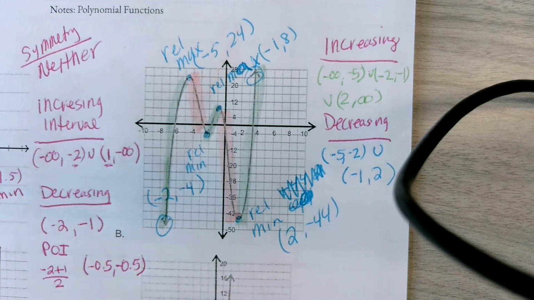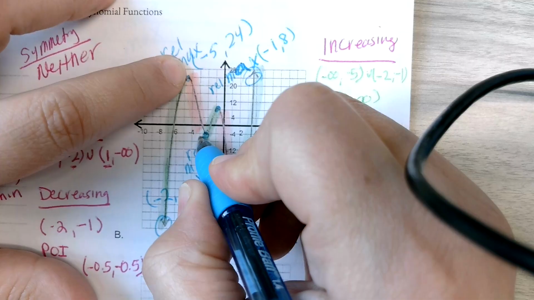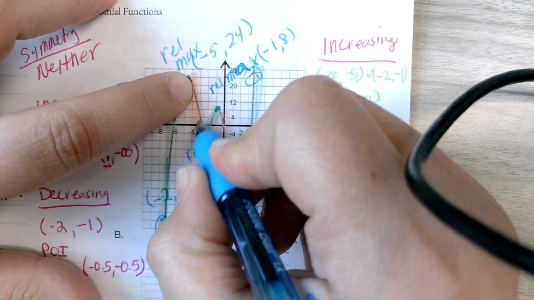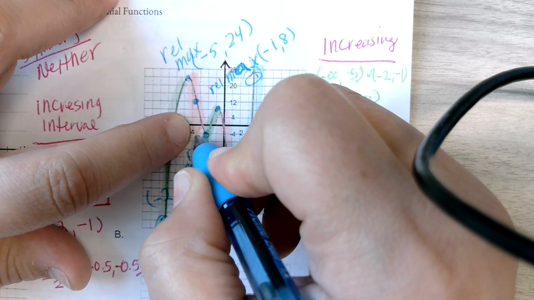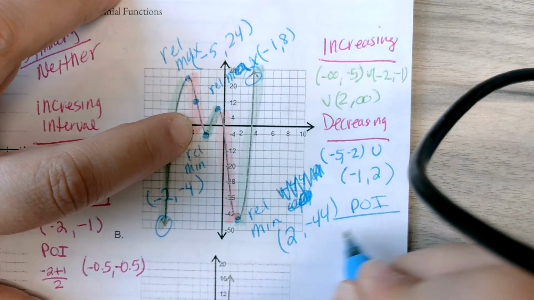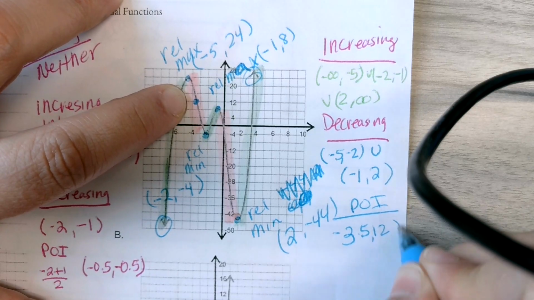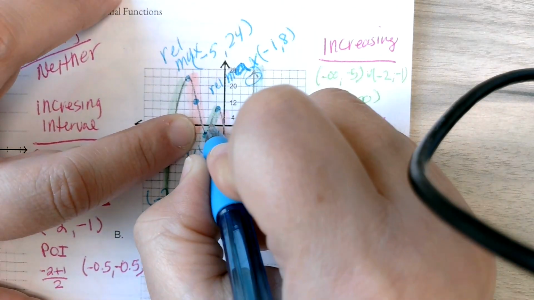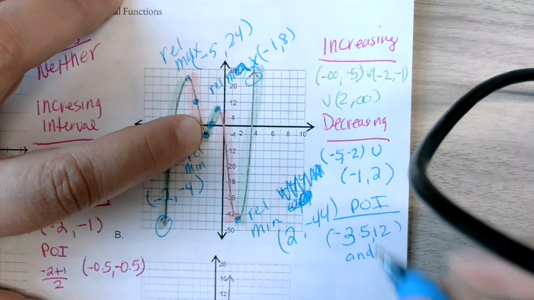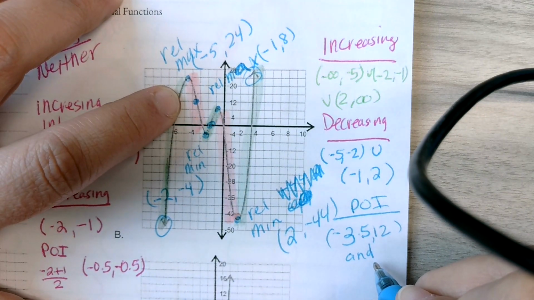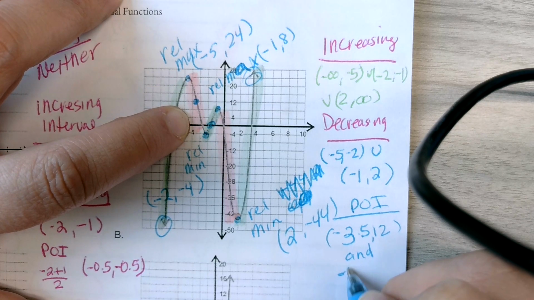For the point of inflection, there's multiple points of inflection. I'm going to try to see if I can find them. It's probably here. So that is -3.5 and 12. And then we have more. We have another one. I'm going to call it here at negative 1.5.